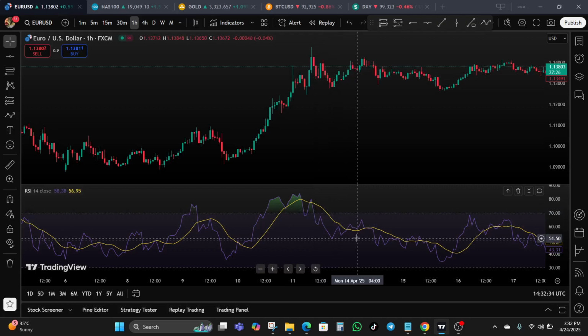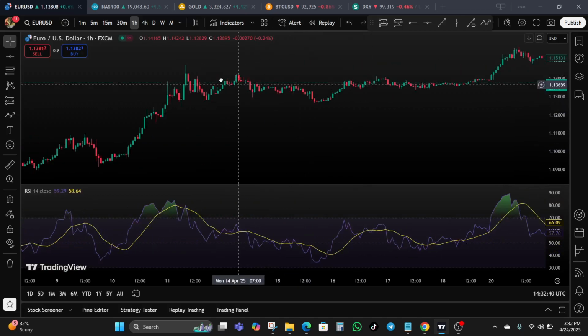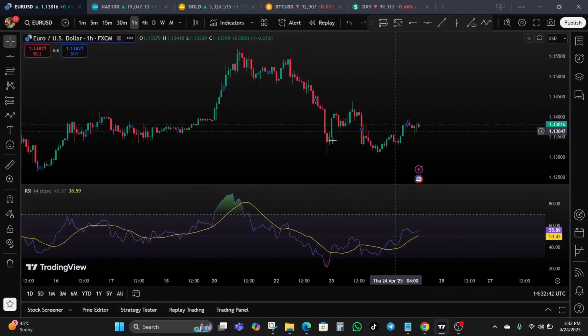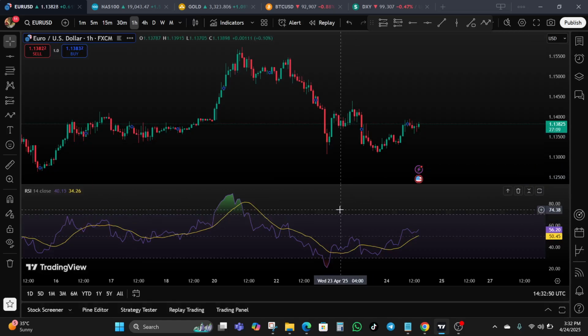Basically, when the RSI dips below 60 in an uptrend or rises above 40 in a downtrend, it often signals a temporary pause before continuation. So you should watch out for those zones to time your entry with structure and volume support.